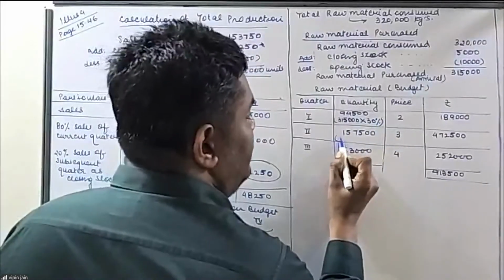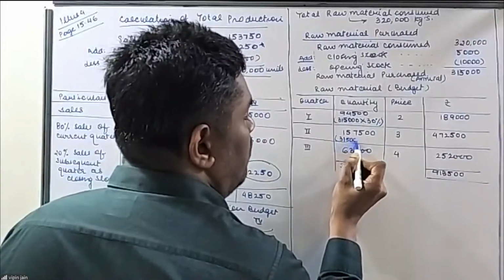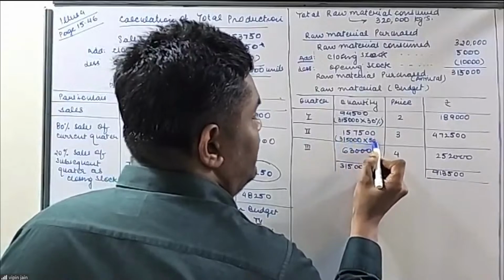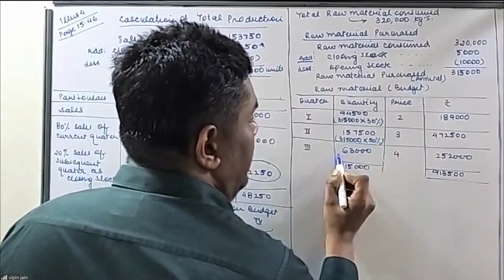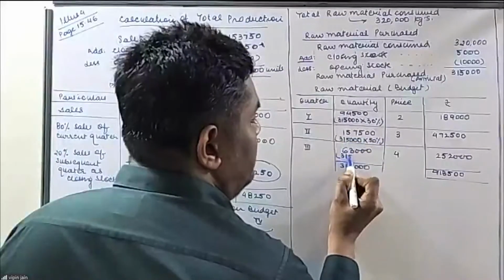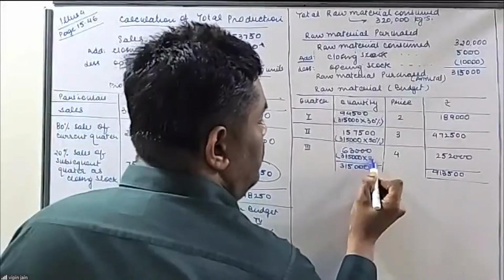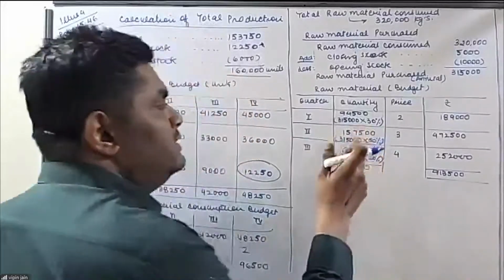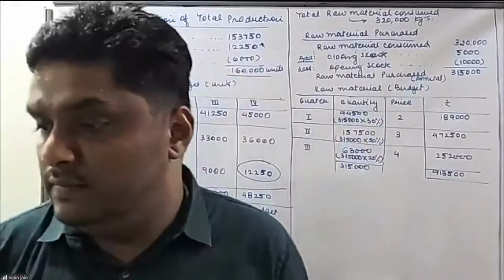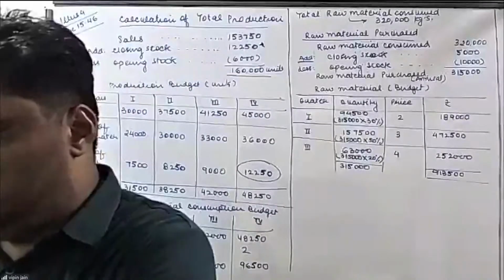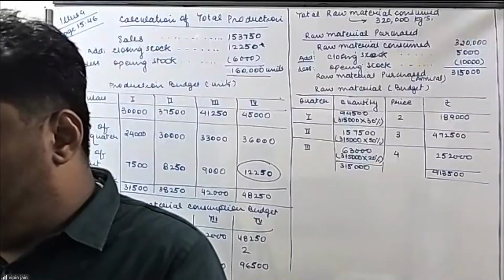Similarly, 3,15,000 into 50% and 3,15,000 into 20%. This is how I got these figures. Anything else, Apurva?